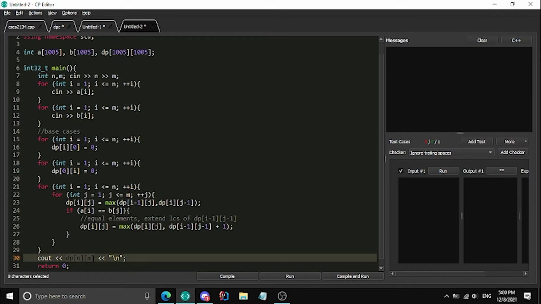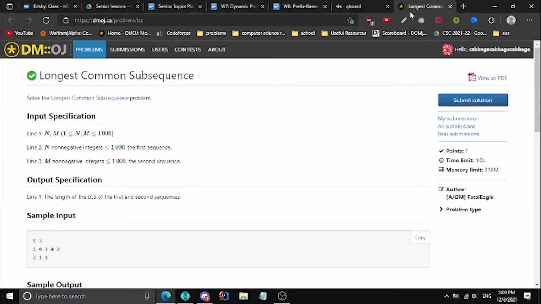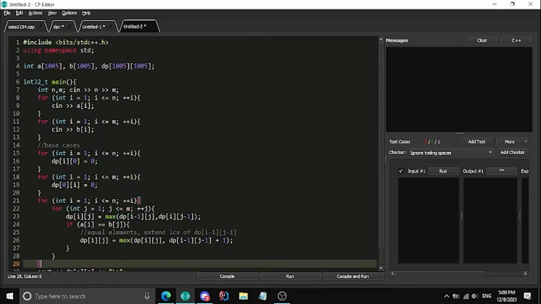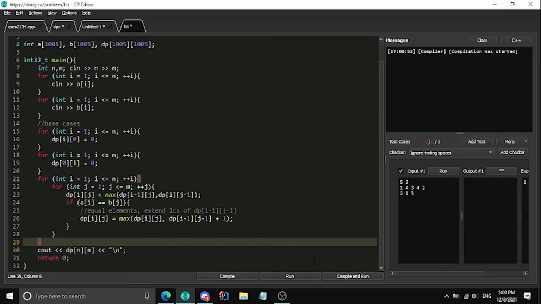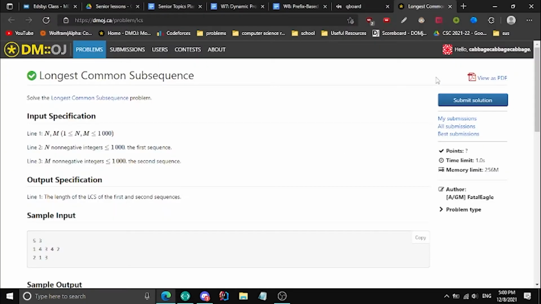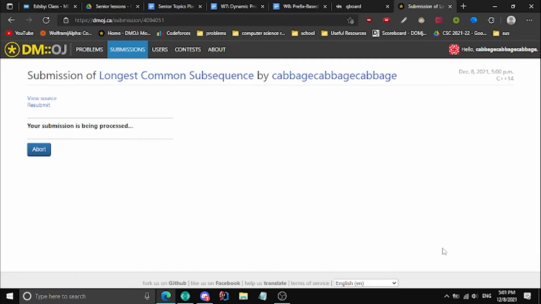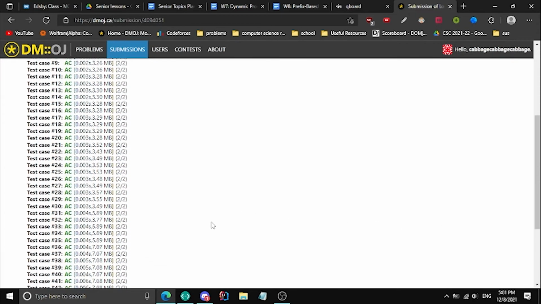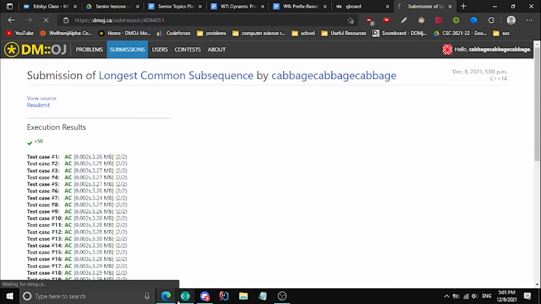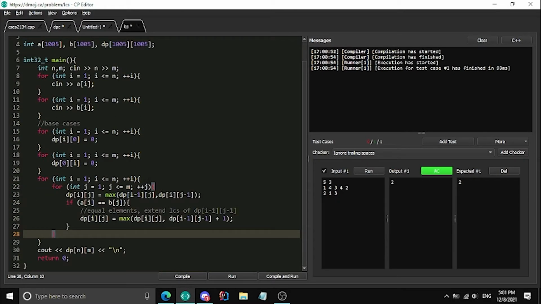So what dp at n m means is just the longest common subsequence between the two entire sequences, right? Okay, so that's good. Are there any questions about this problem?